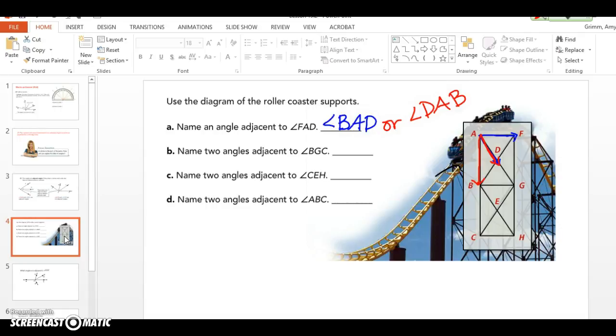Now this one says name two angles adjacent to BGC. Here is BGC. Name an angle that's adjacent to BGC.